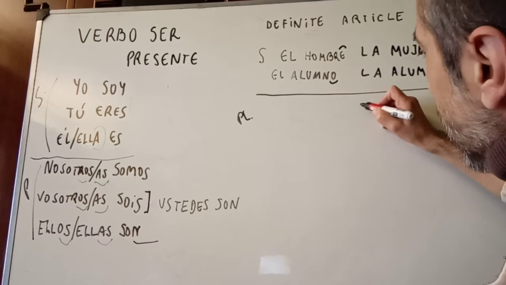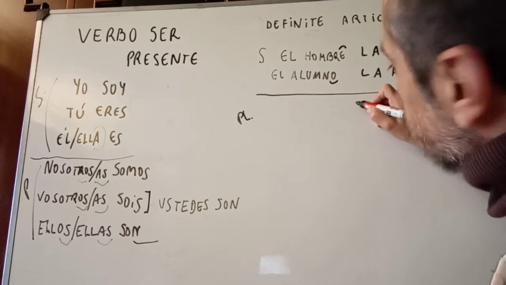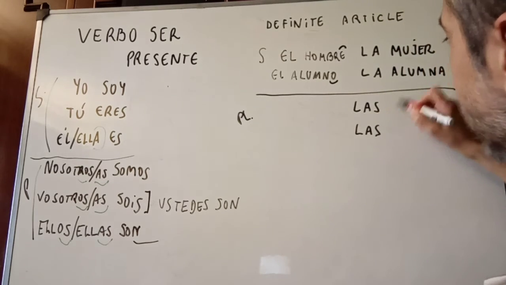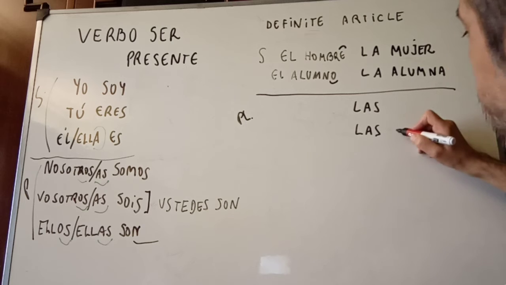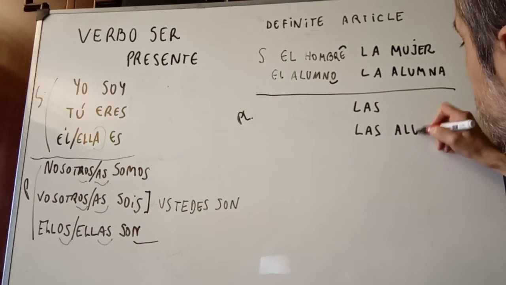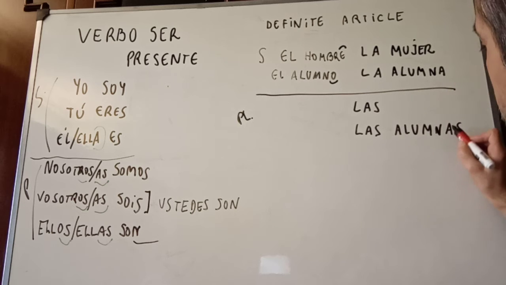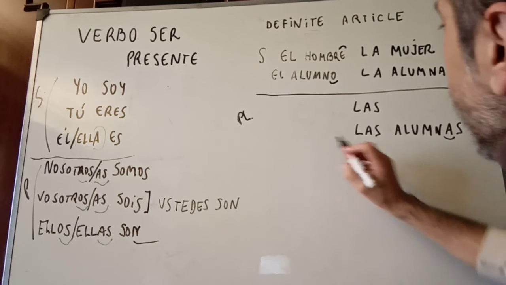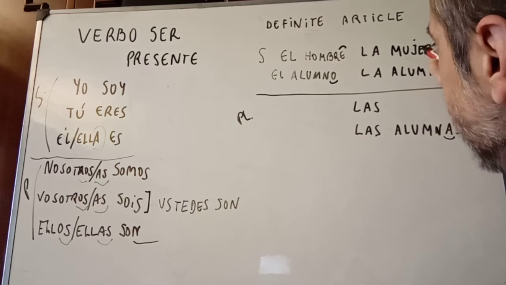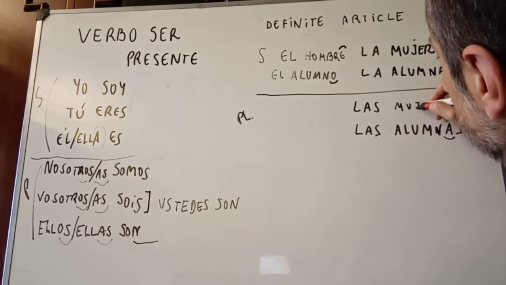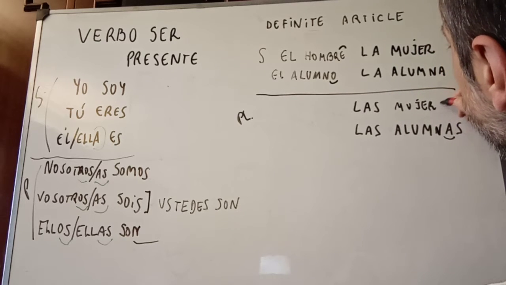In this case, we only add the letter S, las. In the case of alumna, we just add the S, las alumnas, because we have the vowel here. In the case of woman, to say women, we do this. Las mujeres.